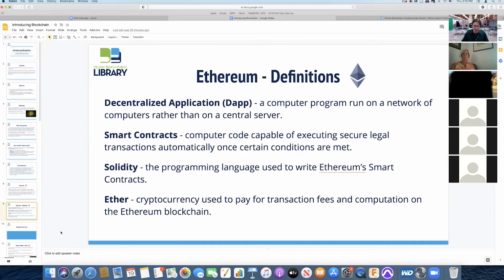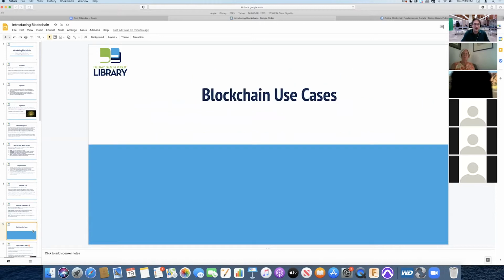Now that I've introduced you to the two largest blockchains in existence right now, and they're probably the ones that get the most attention and are most in the news, there are a lot of other ones out there. We'll talk in a minute about initial coin offerings and just how many new blockchain projects are being created. But I want to give you some examples of blockchain use cases.